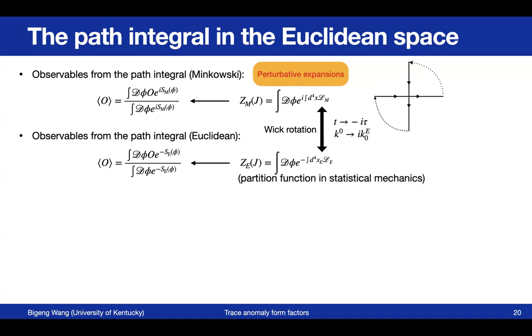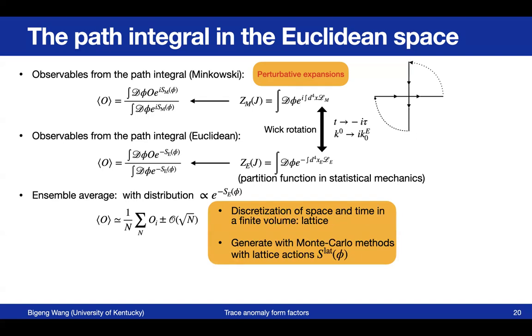This may look familiar to some of us: this is a partition function if you look at it in a statistical mechanical way. So the observable in Euclidean space looks like an ensemble average for an ensemble with a distribution defined by this action.